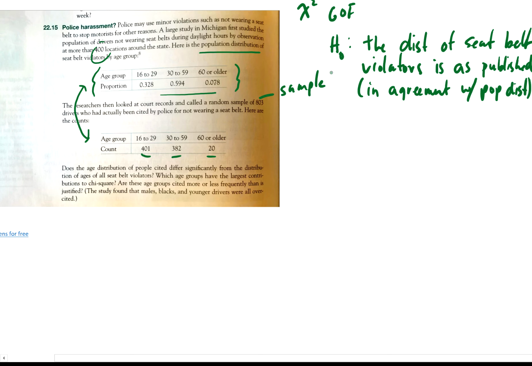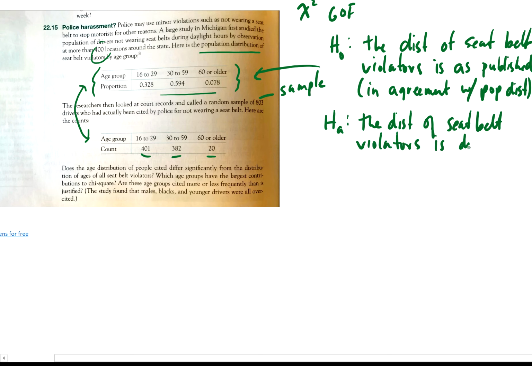Okay, so does it agree with that? And then HA is the distribution of seatbelt violators is different than what is published.